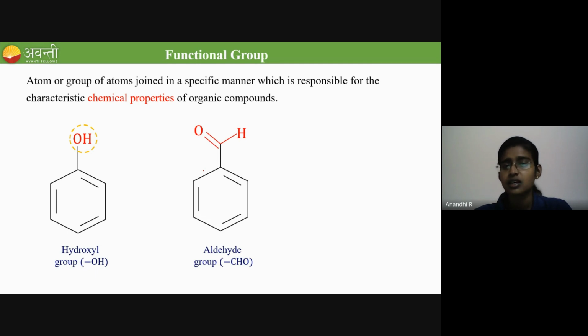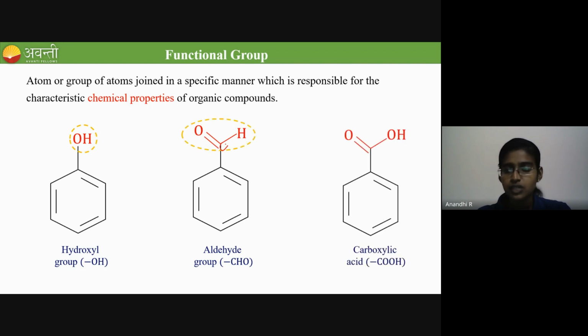And this compound is called benzaldehyde. The CHO group is present. This is carbon, no? C double bond O, H. The CHO group is called aldehyde, and aldehyde is the name of the functional group present in this compound. And coming to the third compound, the name of this compound is benzoic acid, and the functional group present in it is carboxylic acid, with formula COOH.